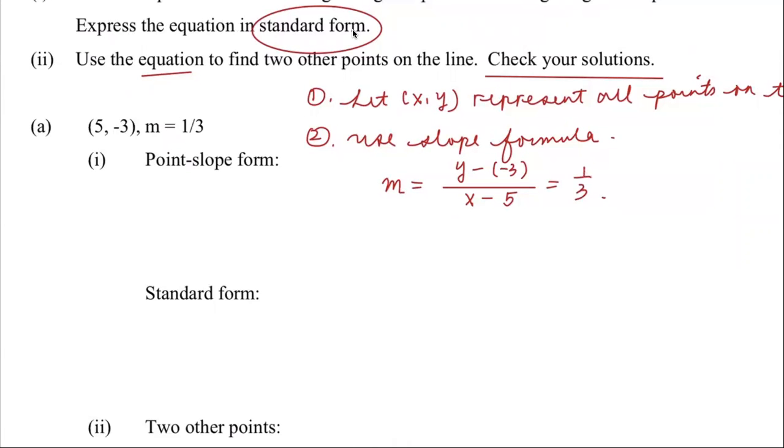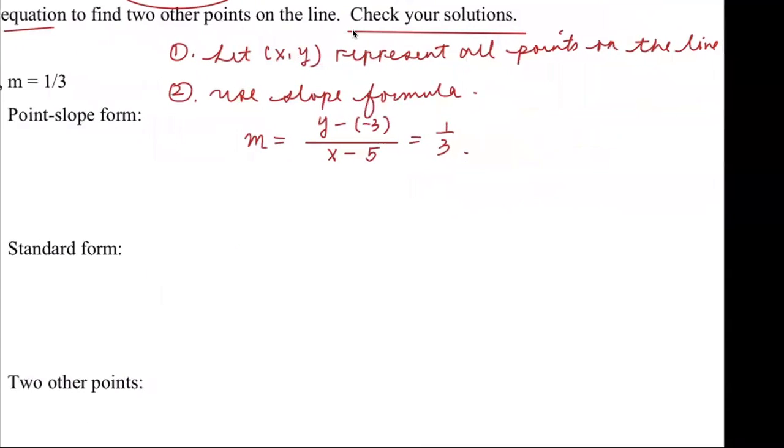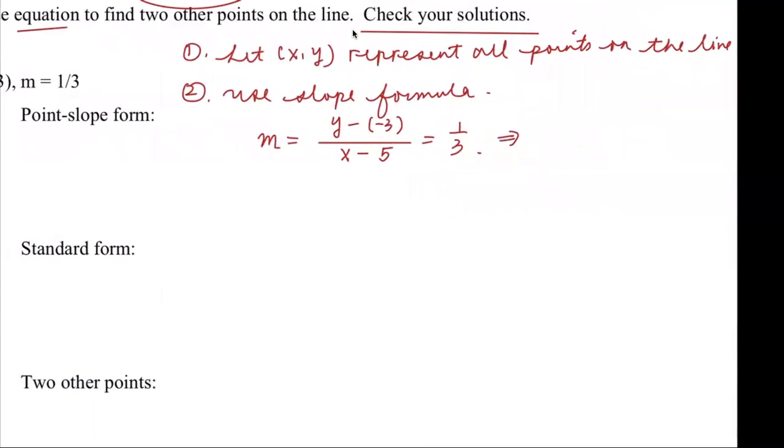This gives us y plus 3 over x minus 5 is equal to 1 over 3.